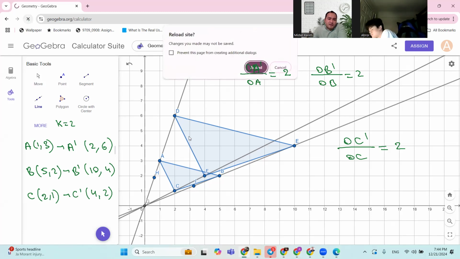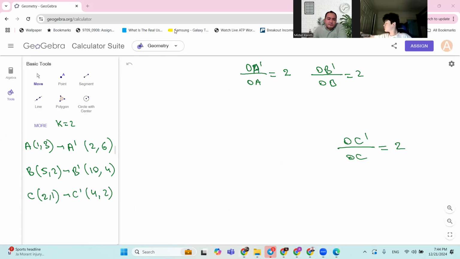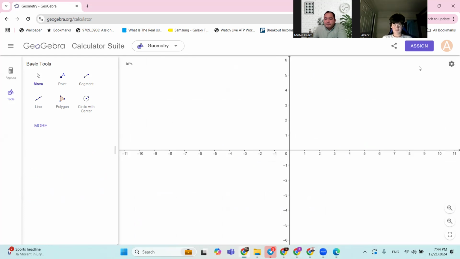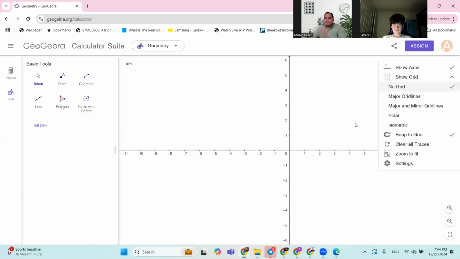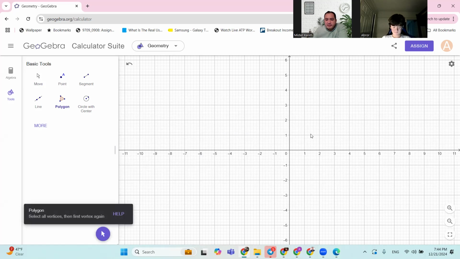Just for fun, if you have a laptop, you can try this. First you draw a small head. Small head is, let's say, this here.